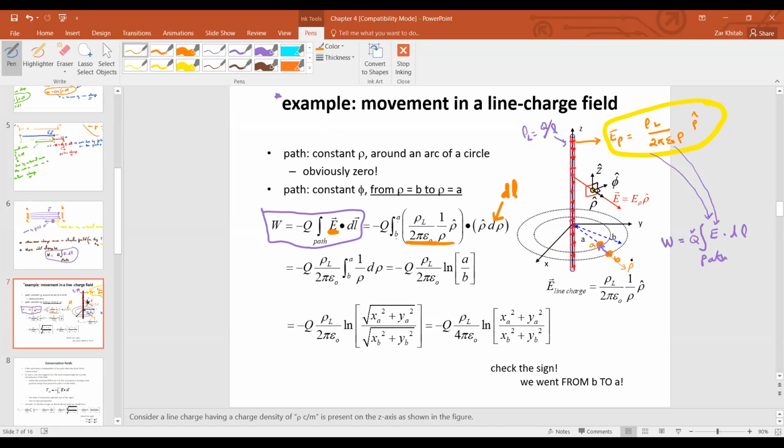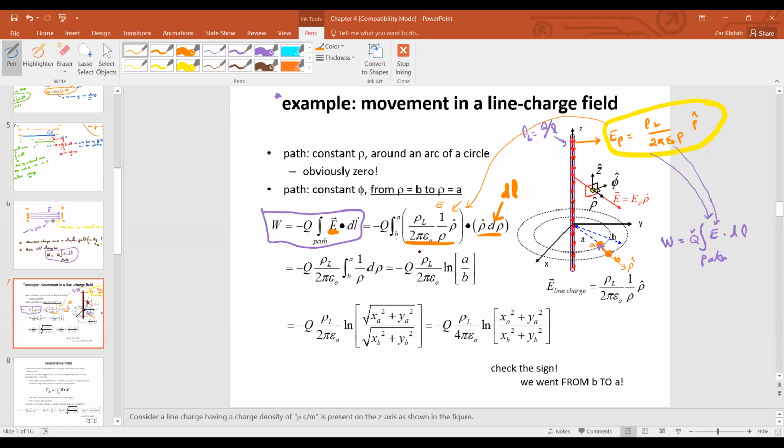This is the rho direction. So this little path is d rho. This is dL, and this is the electric field E from this equation.